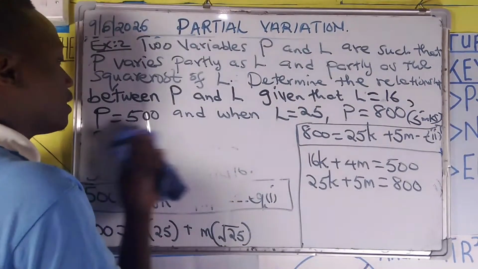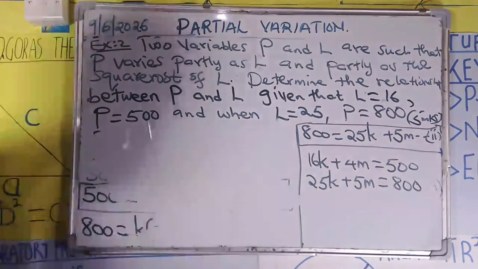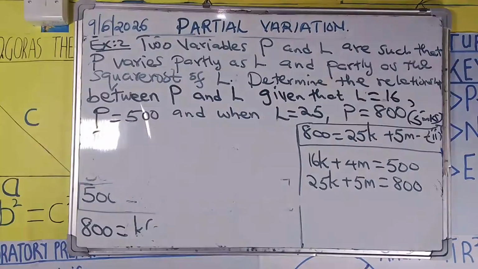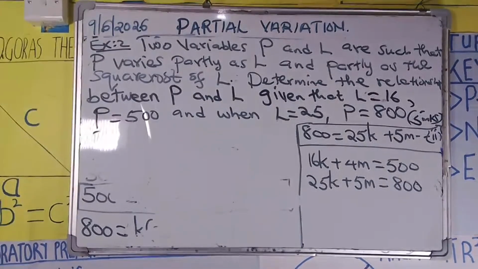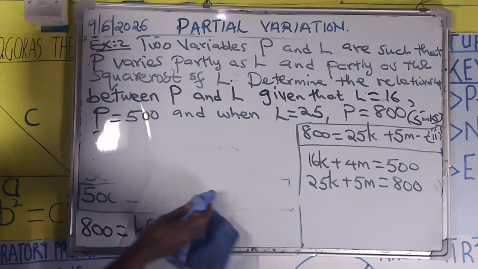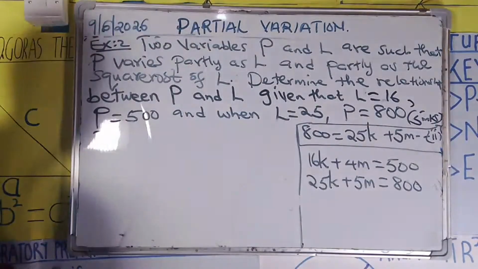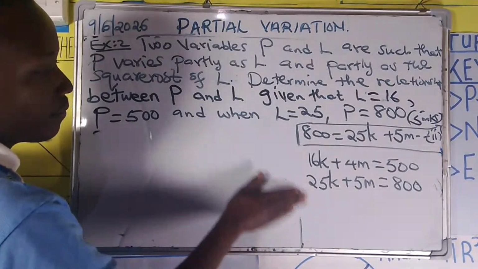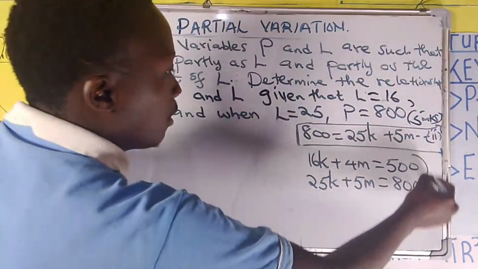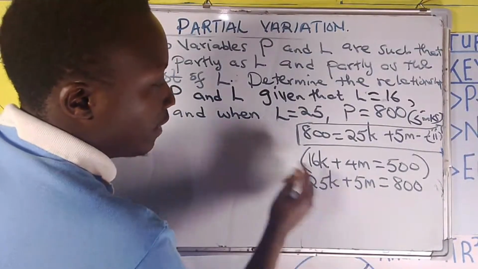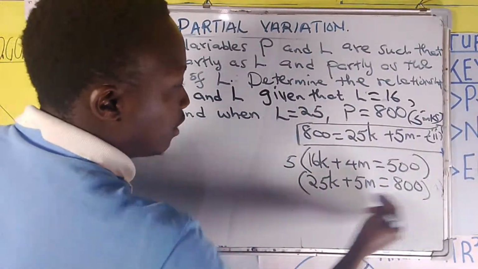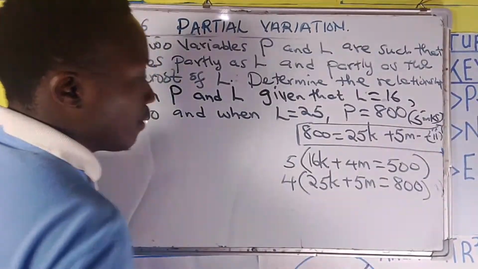So in this case, we will multiply the first equation by 5 and the second equation by 4.